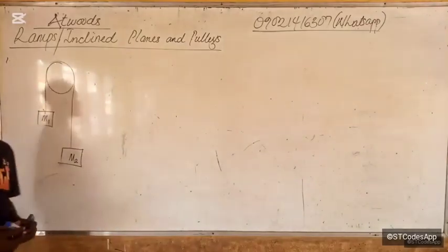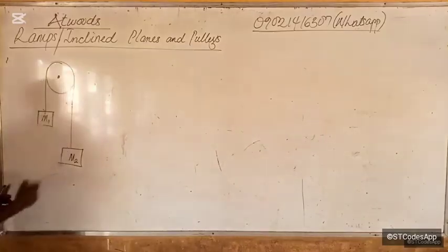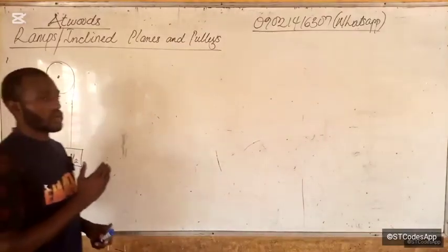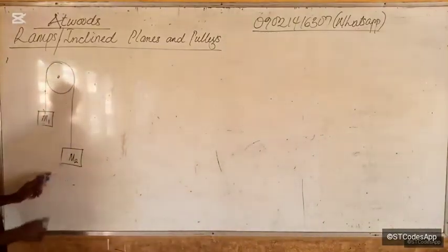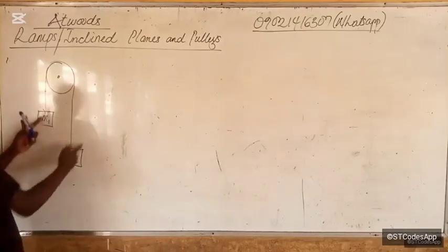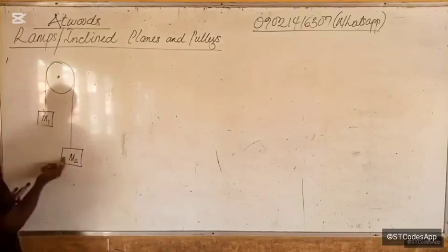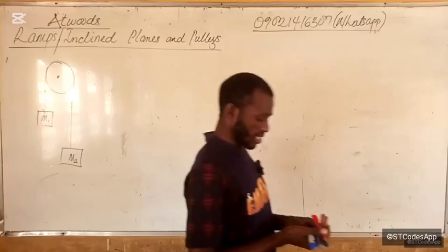So mass 1 is attached here and mass 2 is attached here, and this is our pulley. Looking at this, you are going to observe that the ramp is basically moving in this direction, and that shows that M2 is greater than M1. I'm going to show you the use of that in a jiffy.